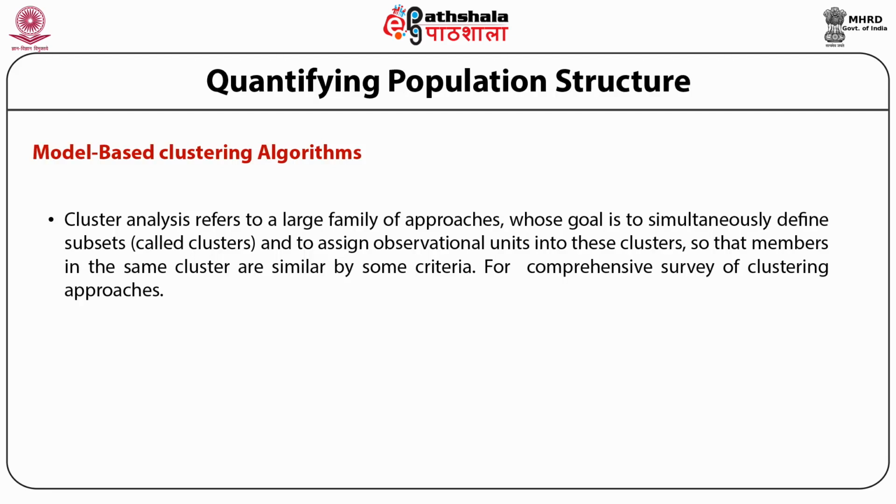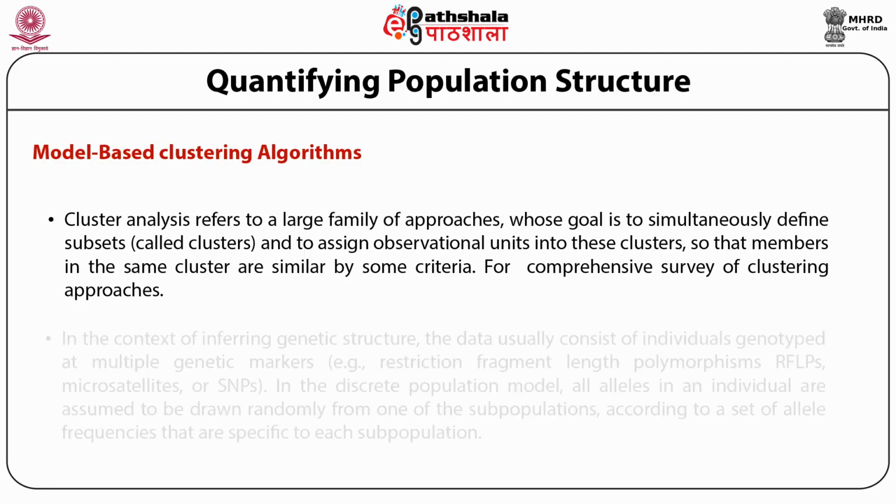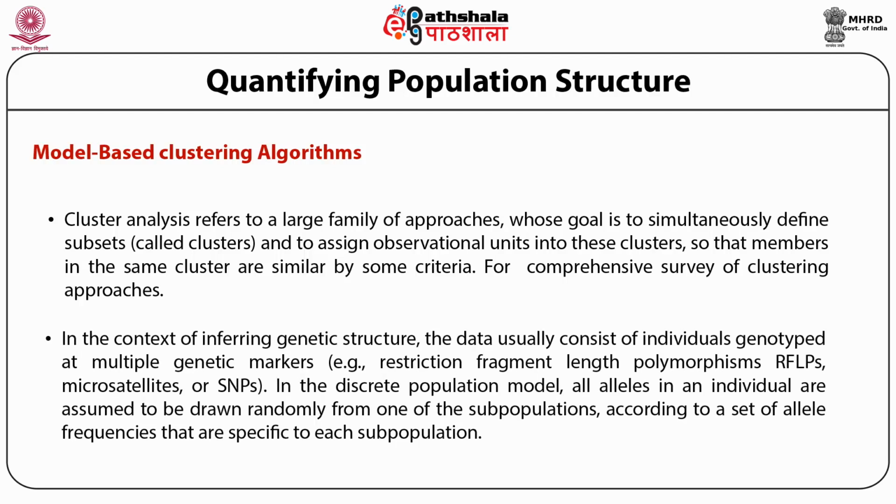For a comprehensive survey of clustering approaches in the context of inferring genetic structure, the data usually consist of individuals genotyped at multiple genetic markers, for example restriction fragment length polymorphisms (RFLPs), microsatellites or SNPs, which are also known as single nucleotide polymorphisms.